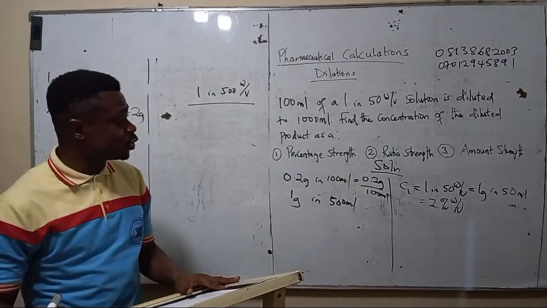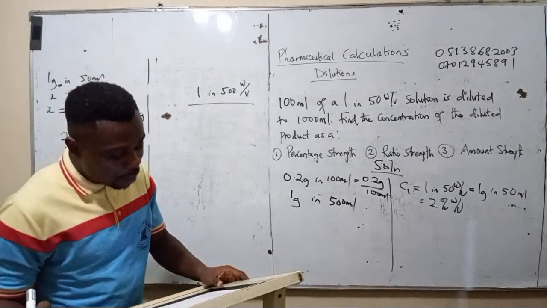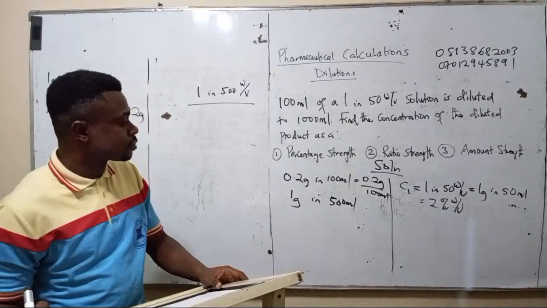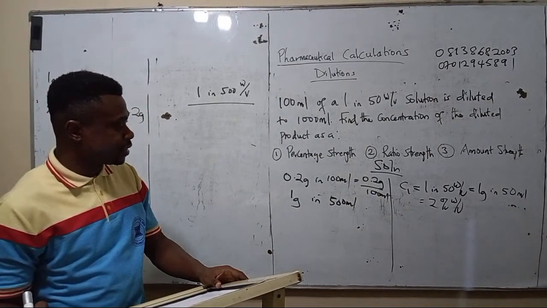The next question says we should find the amount strength. We should find the what? The amount strength. Now let's go.